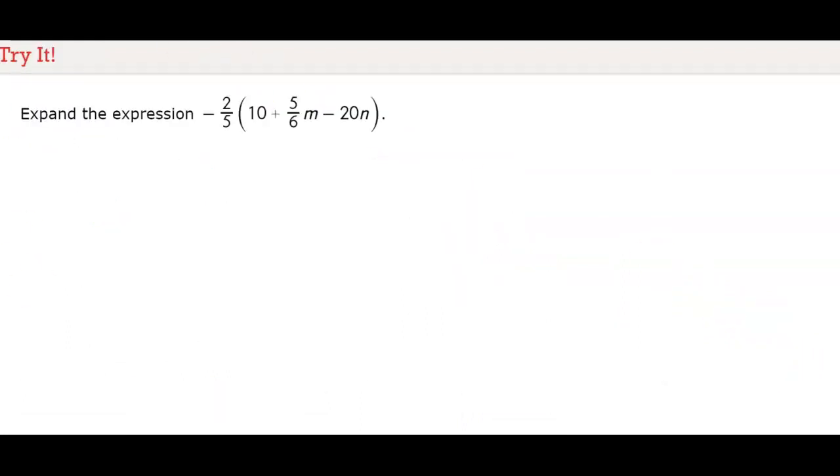Expand the expression negative 2/5 times the quantity of 10 plus 5/6 times m minus 20 times n. We're going to use the distributive property. And so negative 2/5 times 10.